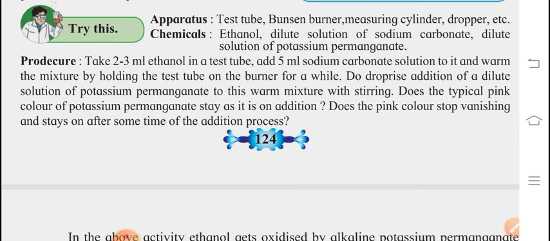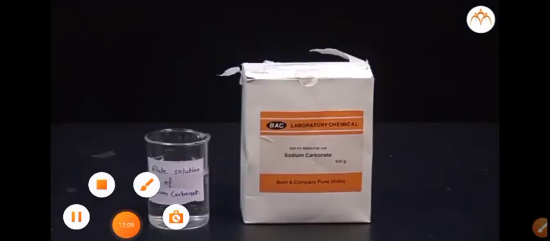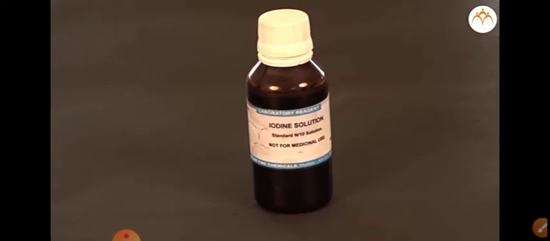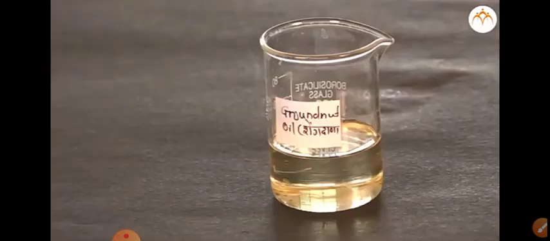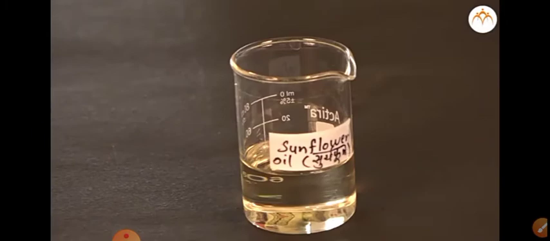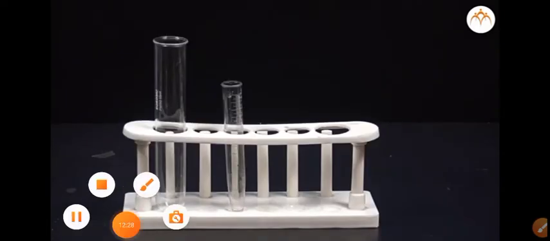Okay, so here you can observe ethanol, dilute sodium carbonate, dilute potassium permanganate, iodine solution, groundnut oil, sunflower oil, vanaspati ghee, dropper, burner or spirit lamp, and test tube.